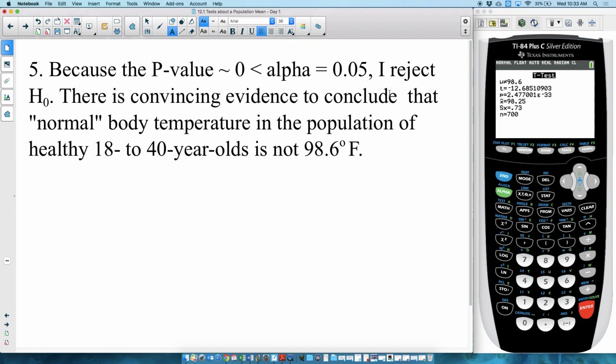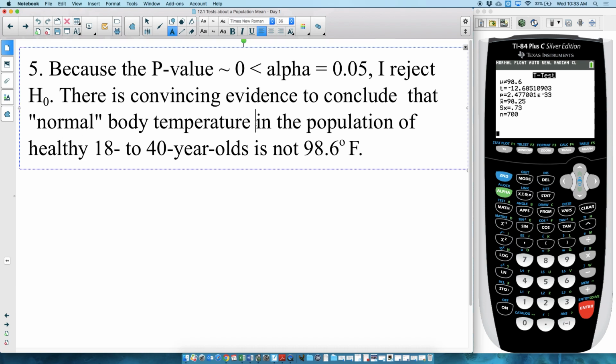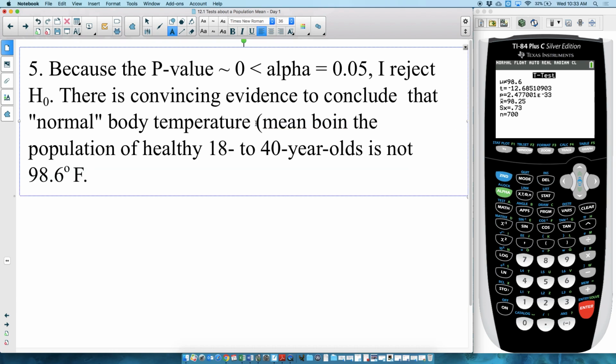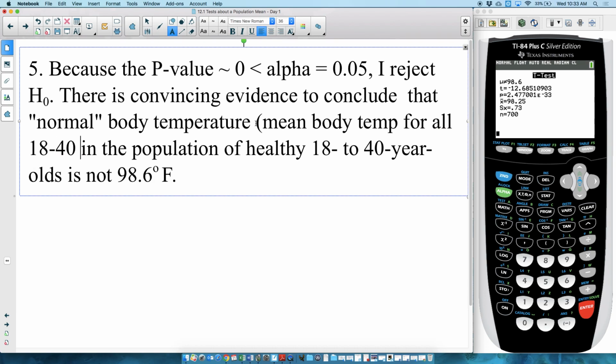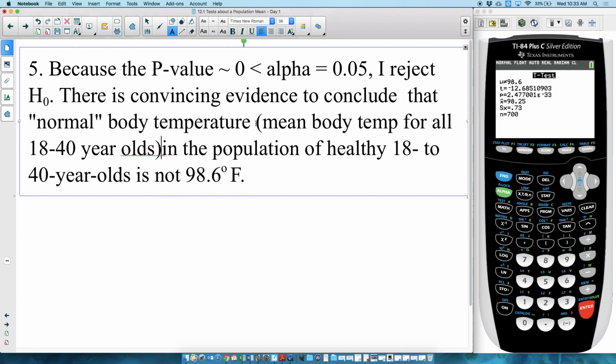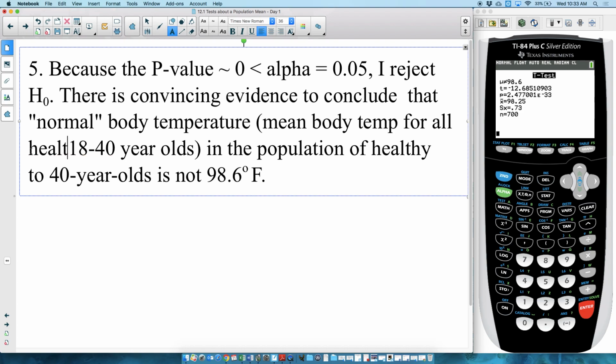You could say either way. You can use the context that they gave you, or you could say to conclude that the mean body temp for all 18 to 40-year-olds. For all healthy 18 to 40-year-olds, that's important.